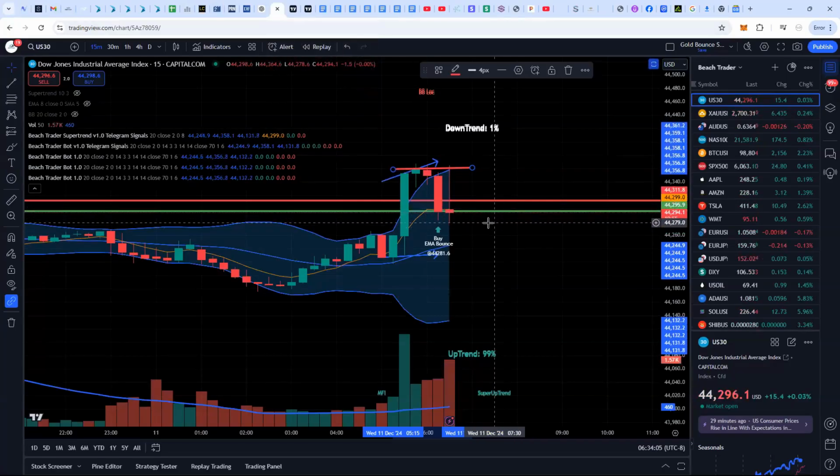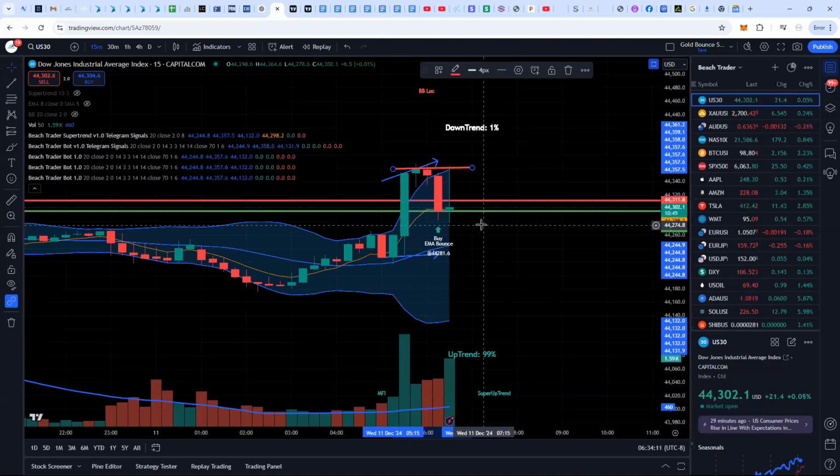It's on this green line. It might go down a little bit further. Let's see what happens here. We're in it to buy. Here it is, going up in profit. We want to go higher, higher.